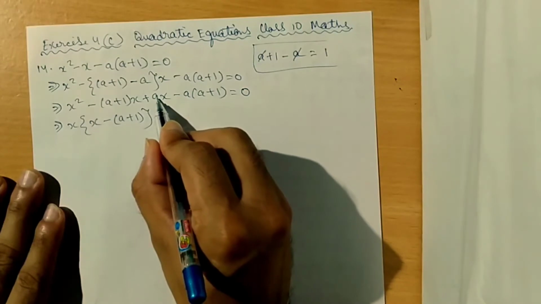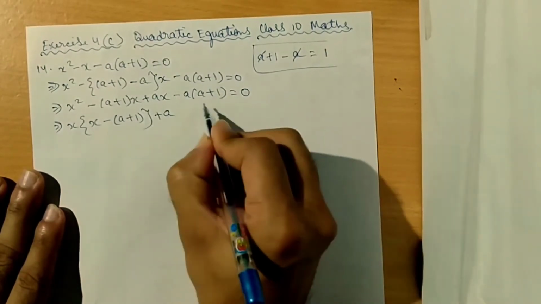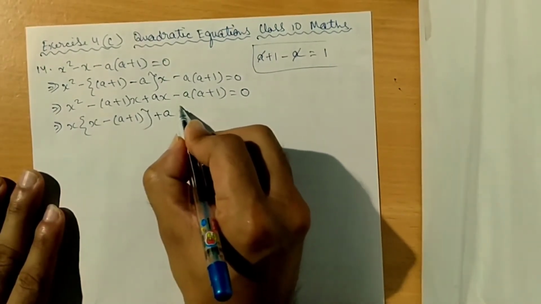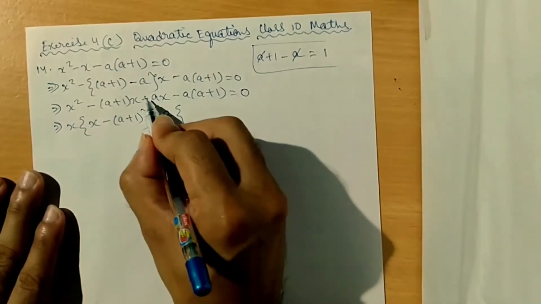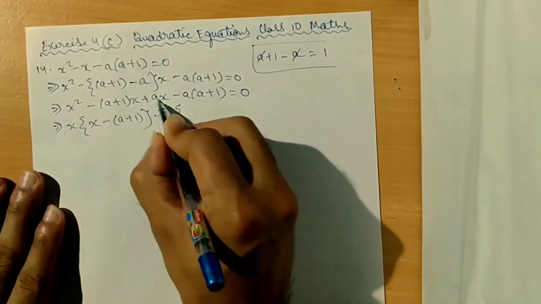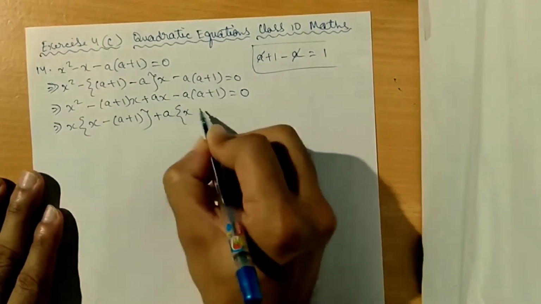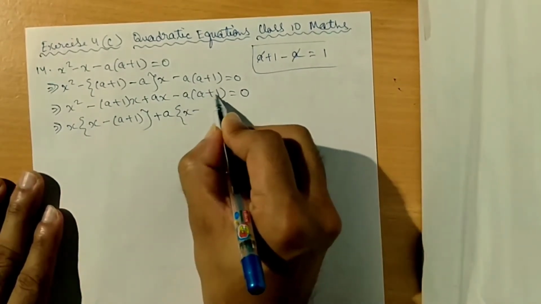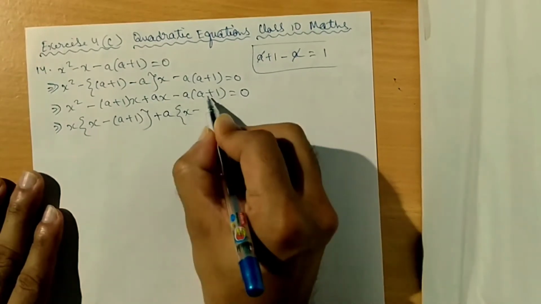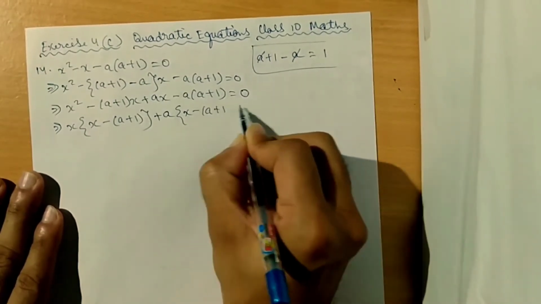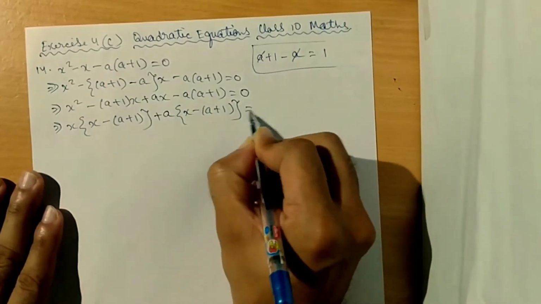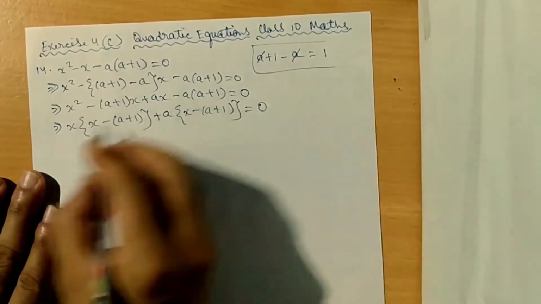A common ungya mana be a dunga, so a is common. The game yakpa bracket contain again. Then positive by positive to positive ungya. So the ax ko h divide ko de x to work in. Then negative by positive to negative. So the a into a plus 1 yako h divide ko de ya a plus 1 to work in. And this is equal to 0.